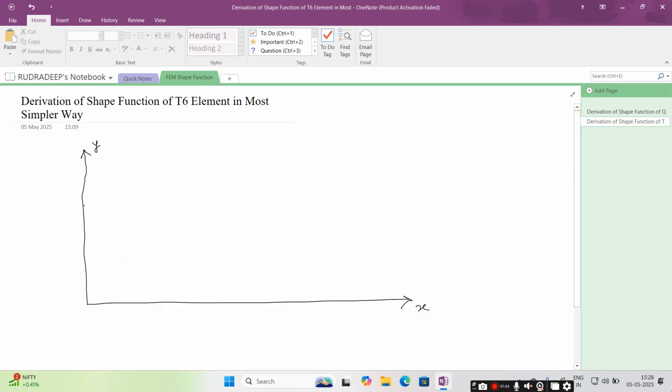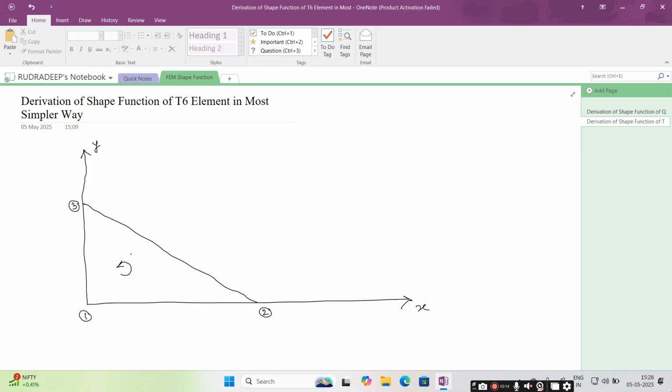So this is my xy coordinate and this is the triangle for the T6 element. I will mark this as node 1, this as node 2 and this point is node 3. We have to be careful that the numbering should be in anti-clockwise direction. As this is a T6 element, there should be a total of 6 nodes.